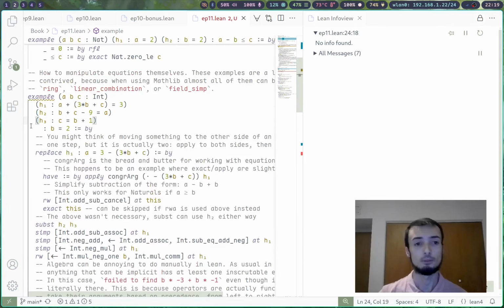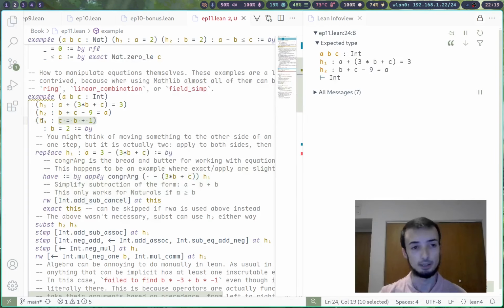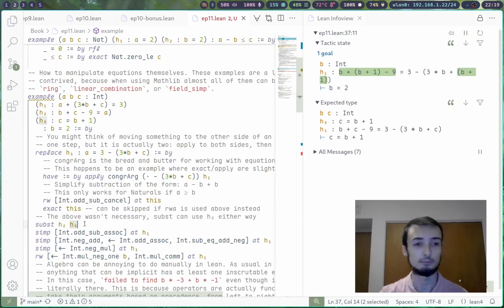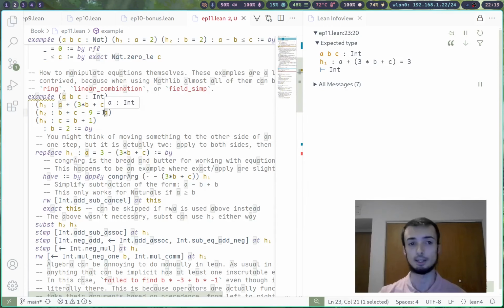With substitution and rewrite, you can do that. I think h3, for example, is already in the form of some variable equals some expression. So you can do substitute h3, and h2 as well, because even though the a is on the right side, it can still be used by substitute.